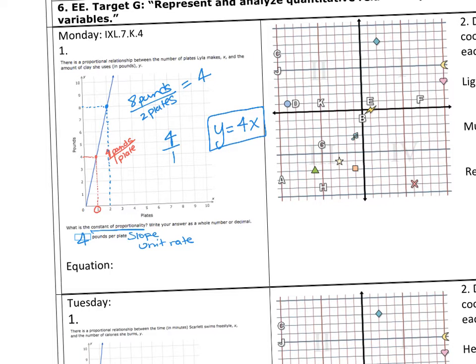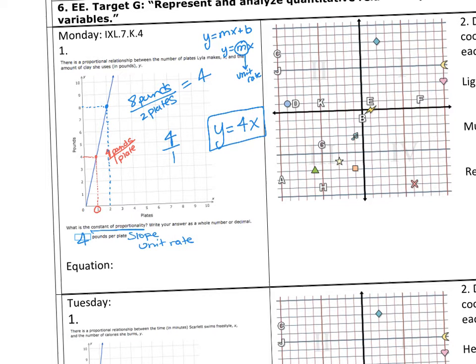The equation for a line is actually this over here: y equals mx plus b. That's 7th grade material. The 6th grade material, they just want a simple line that starts at the origin. So they actually give you a simpler equation, which is y equals mx. And the thing that you have to worry about is to find the unit rate, which is m, and it's also the slope.